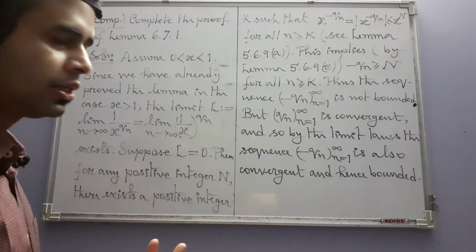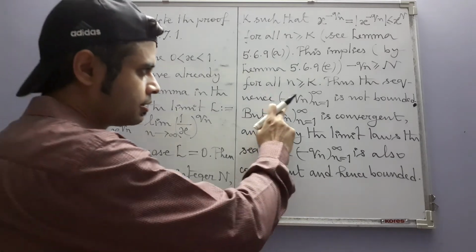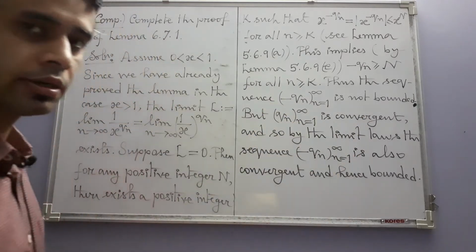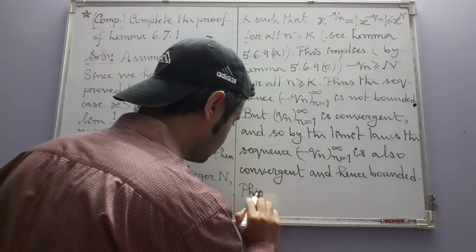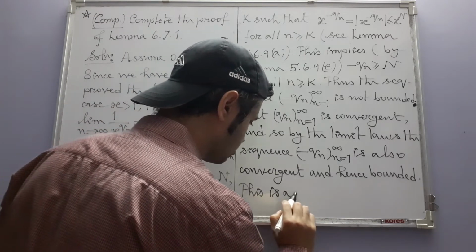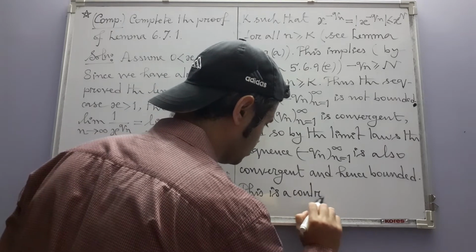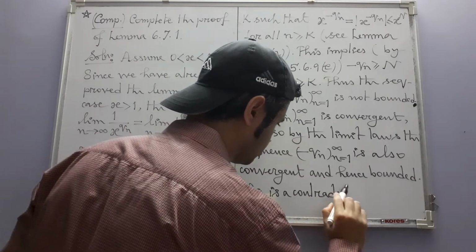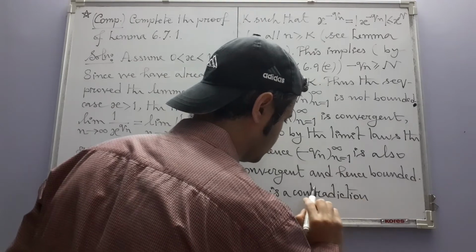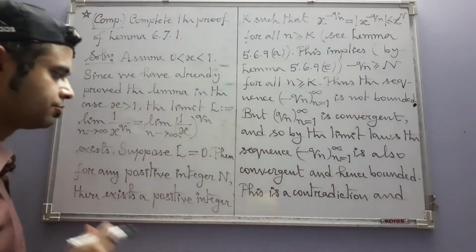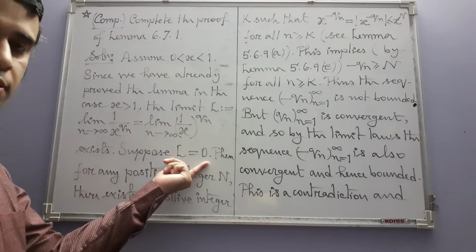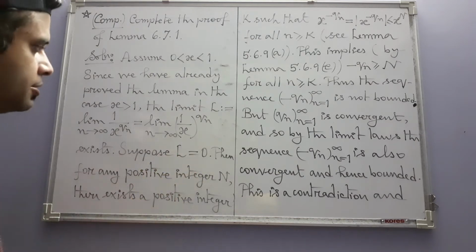So now we have arrived at a contradiction. This is not bounded and simultaneously bounded. This is a contradiction and proves that our supposition is wrong, that is L cannot be 0.